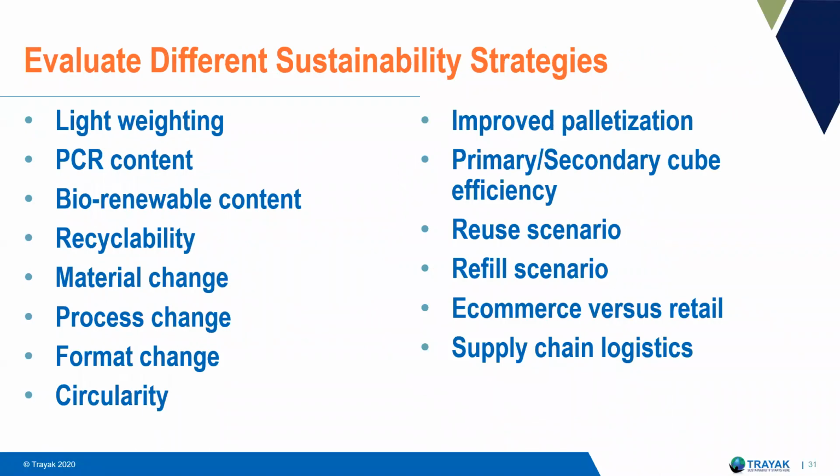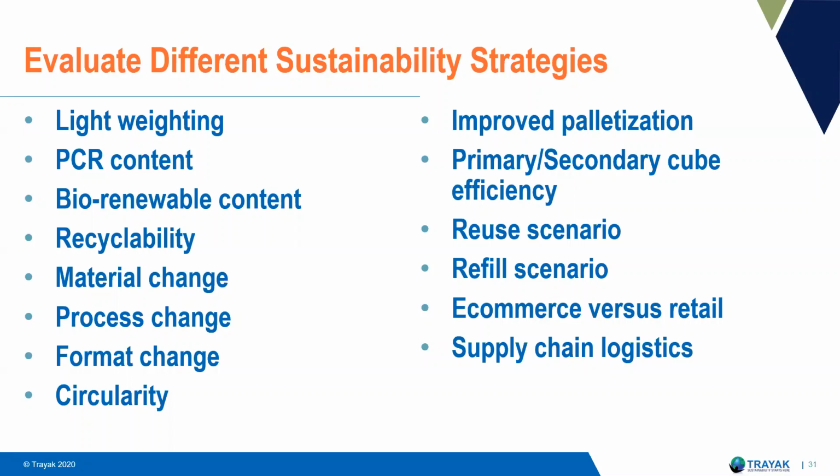And Compass allows you to evaluate many different sustainability strategies. So I've listed a few here. You're able to look at material change, process change, a format change, lightweighting, increasing your post-consumer recycled content. If you want to include biomaterials, you're able to simulate and optimize those.